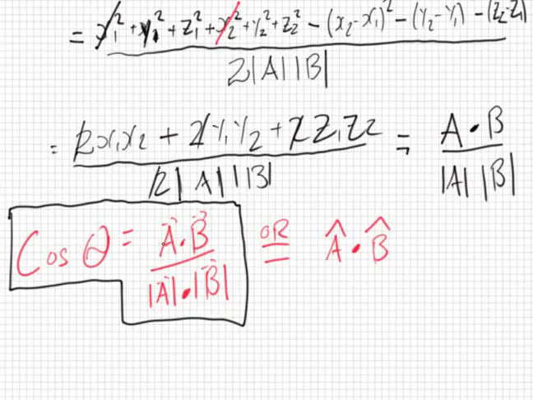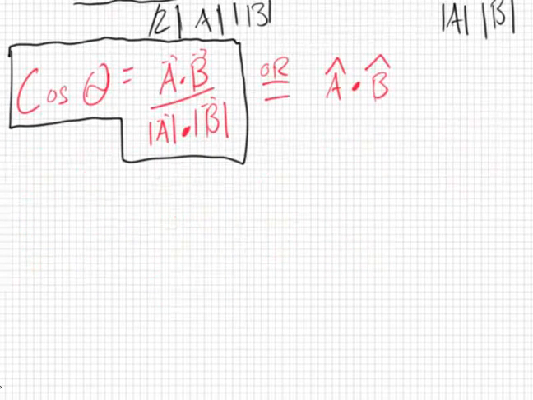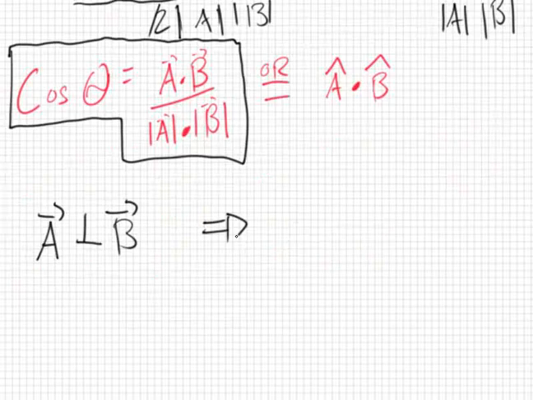So the only way to make this fraction here 0 is if the top is 0. And that's a very, very important result because it's very simple, but it provides a quick way to check if vectors are perpendicular. So if A is perpendicular to B, you must have A dot B equal to 0, and vice versa.